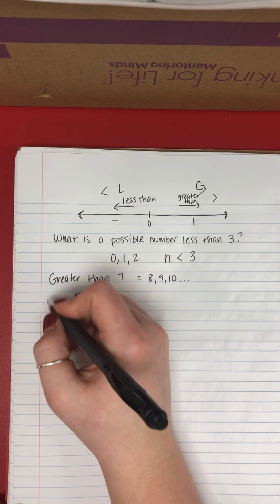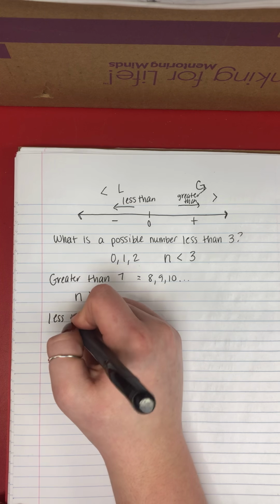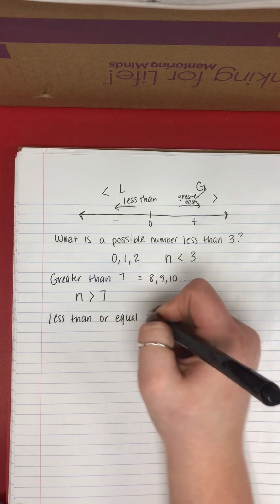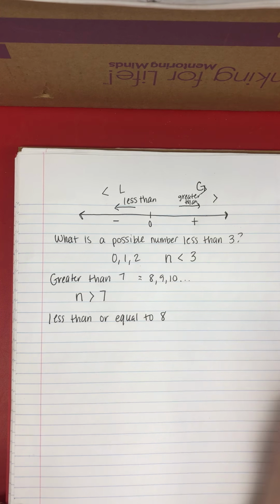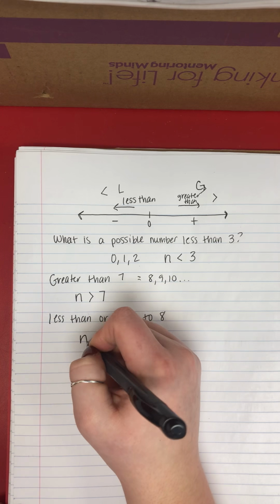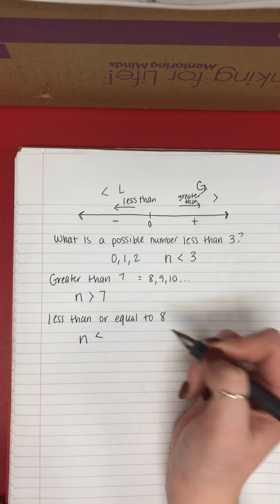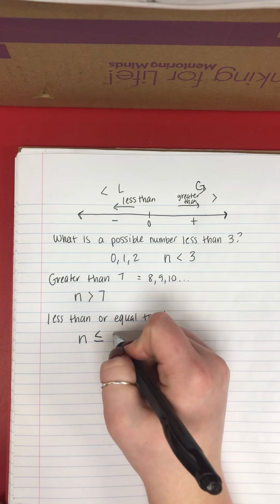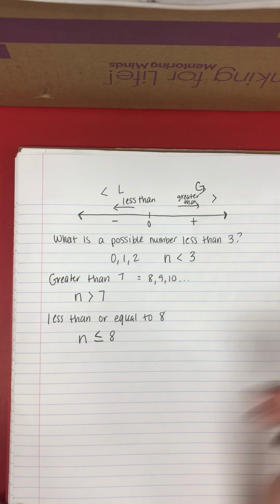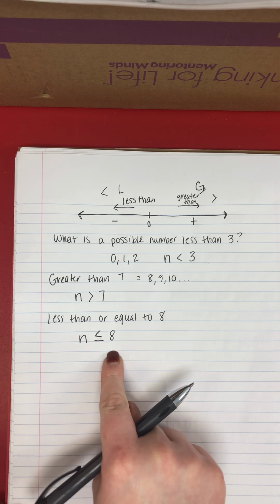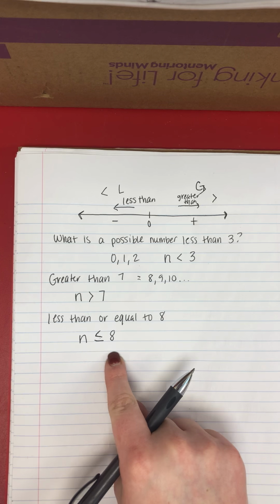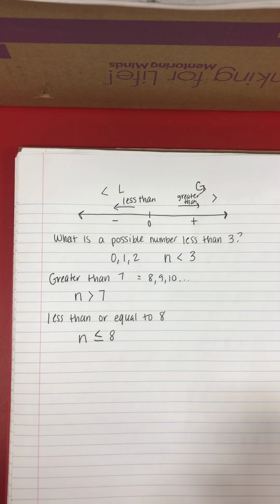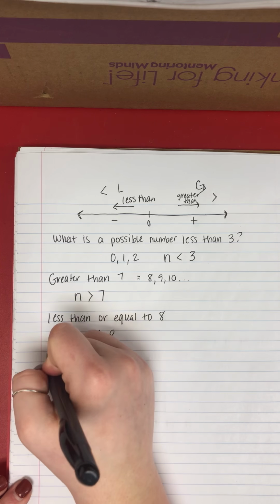Then what if I said less than or equal to 8? We would write some number less than or equal to. So it's part of an equal sign, but it's not completely equal. 8. So that means we can include 8. Okay? So in other words, our number can be 8, 7, 6, 5, 4, 3, 2, so on and so forth.